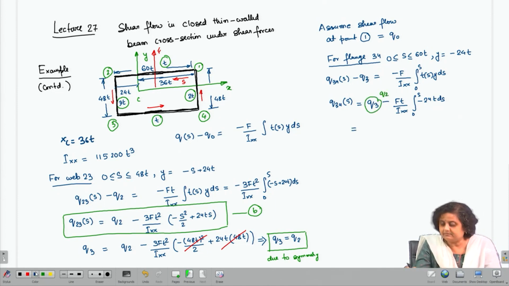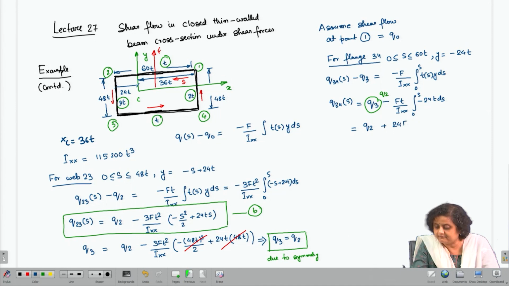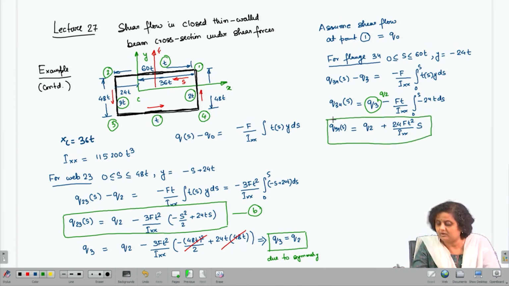Therefore, this can be written as Q2 plus 24 Ft square by Ixx into S, and that is Q34S. So, this is the expression C that we have. Let me call this as C.